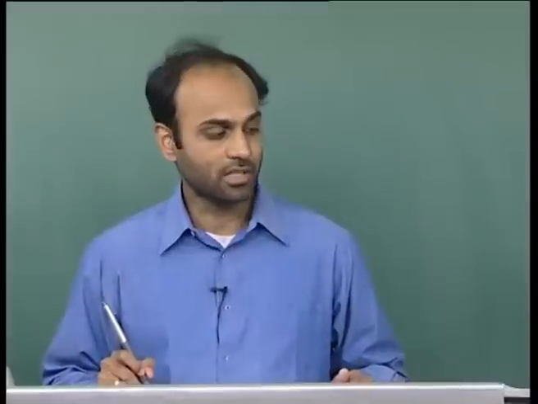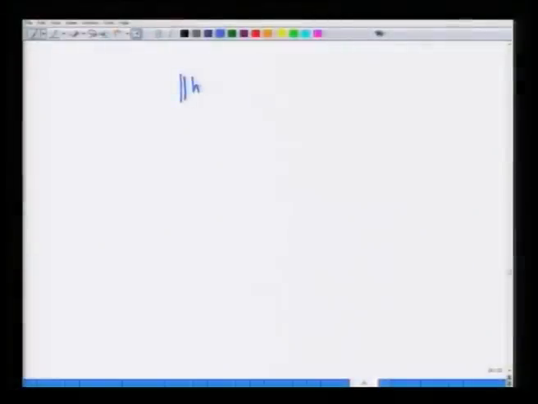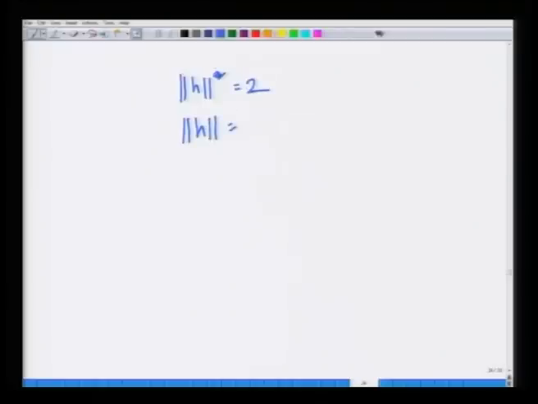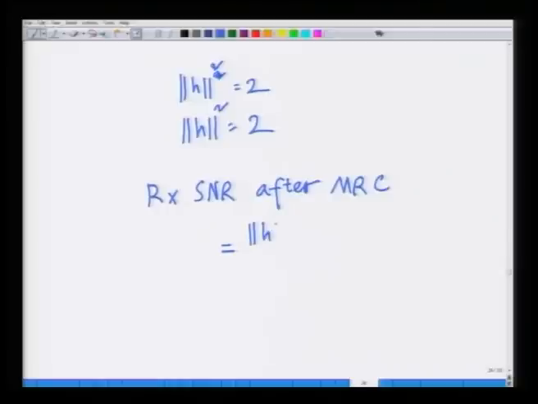Let me finish the discussion of this example. In this example particularly, we can see that norm H equals root 2, hence norm H square equals 2, which means the received SNR after maximal ratio combining equals norm H square P over sigma n square, which in this case is 2 P over sigma n square, since norm H square is 2.